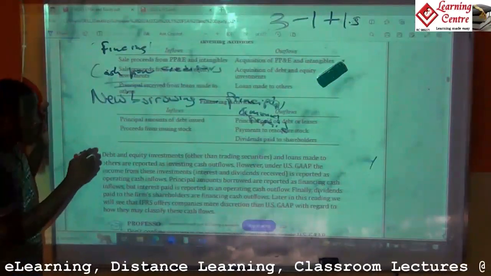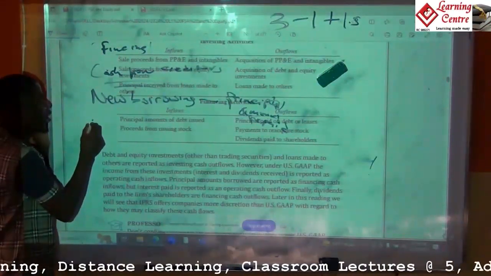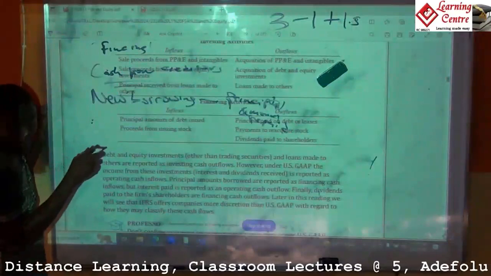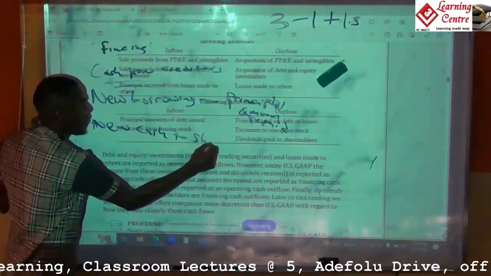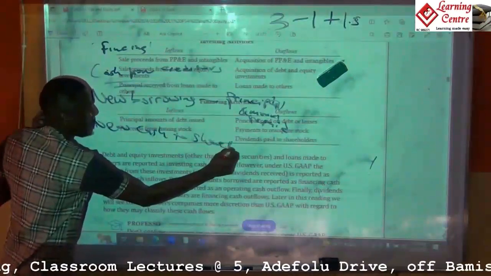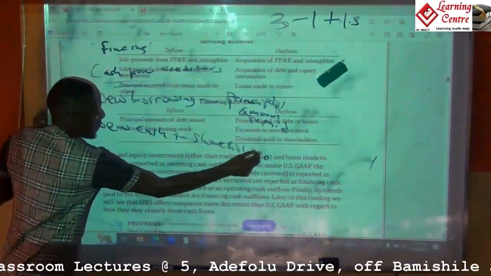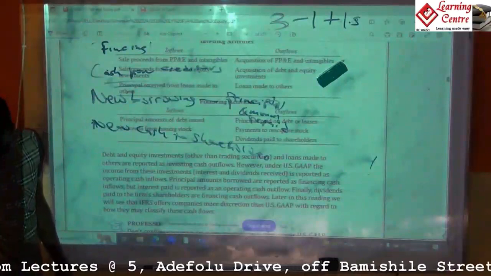While the other one is the one with equity, it is the new cash flow to shareholders.